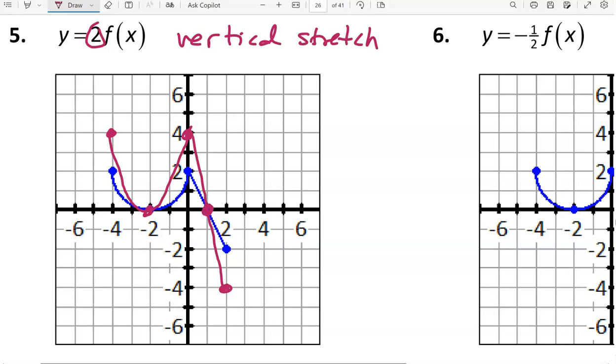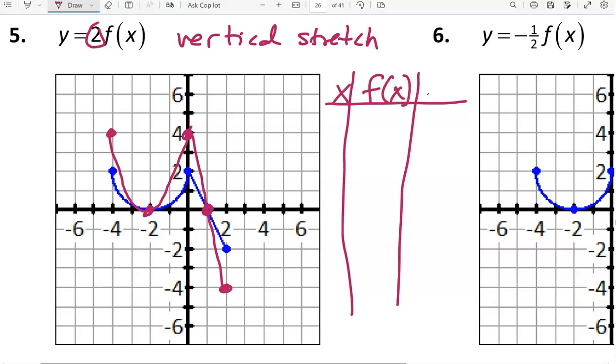If you prefer the table of values approach, we're picking an x value, taking the function value of that, and then multiplying that times 2. And our input and our output values are the input and the output for the function.